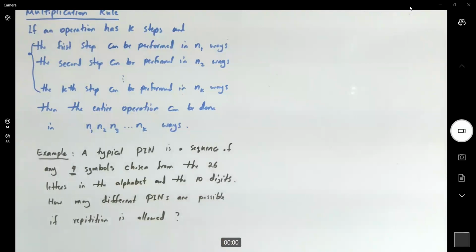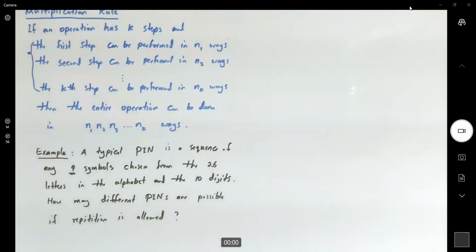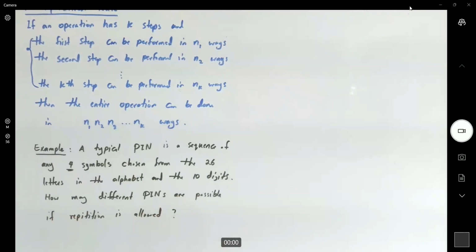Very good. So we're going to apply the multiplication rule, am I right? First of all, we know that we need to have 4 symbols to create a PIN.